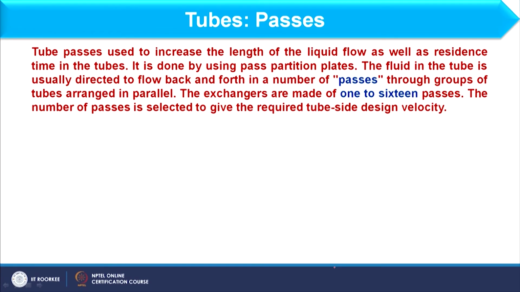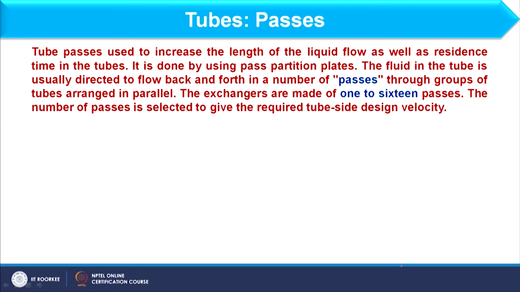Okay, if I consider tube pass, what is the meaning of this? Basically I am dividing the fluid which is entering the tubes, and let us say if I am having 100 tubes, the complete mass flow rate of fluid which is allocated to tube side will enter 100 tubes at a single time. Okay.